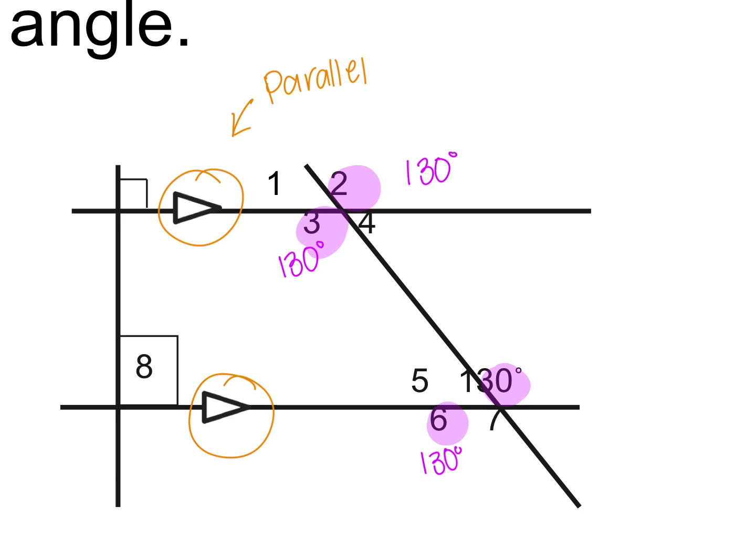Supplementary means what? 180 degrees. So this entire line is 180 degrees. If I know that one angle is 130 degrees, how would I find my missing angle? Good. 180 minus 130, what would I get? 50 degrees. So angle 7 is 50 degrees. What else is going to be 50 degrees?